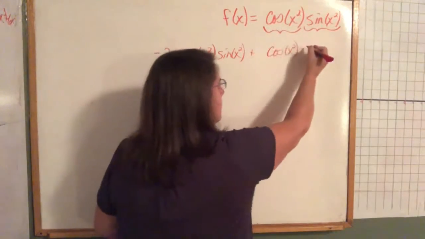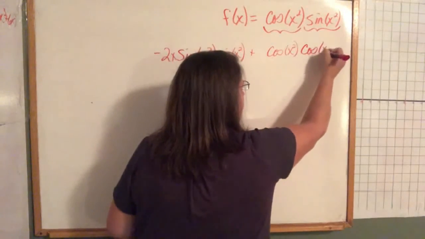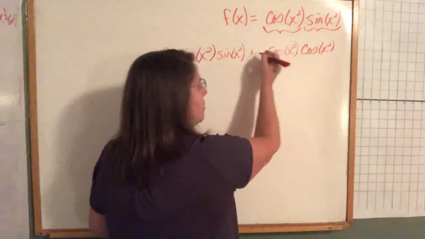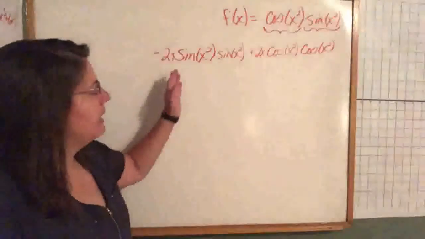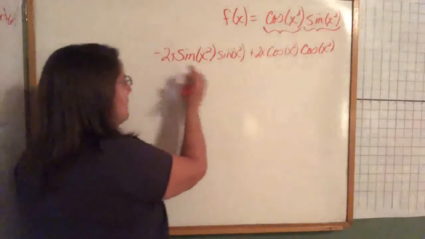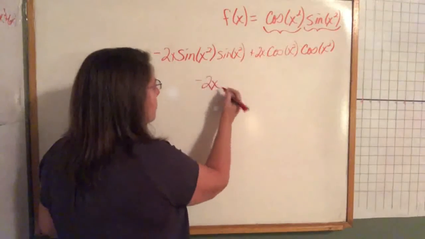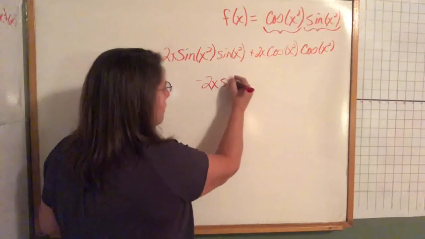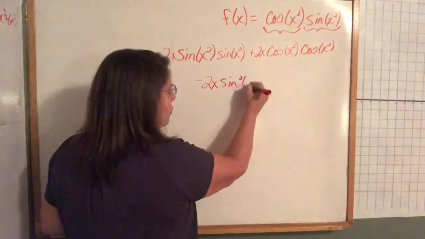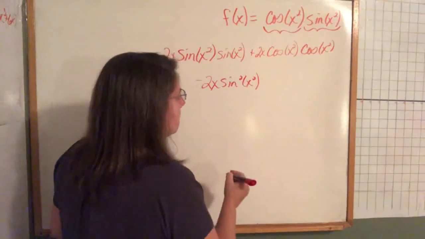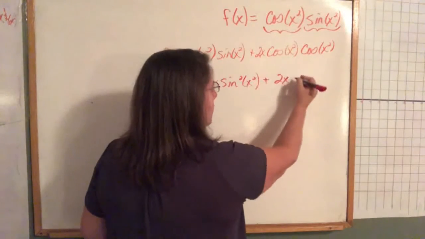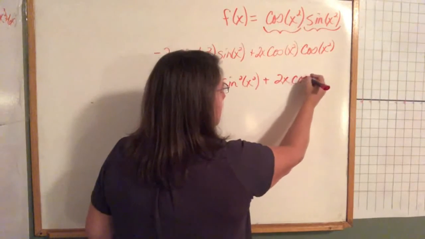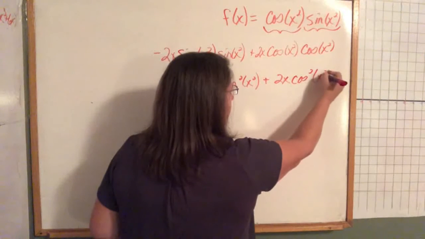Derivative of sine is cosine of x squared. The derivative of the angle part is 2x. Then I can combine some of this stuff. So I've got negative 2x sine squared x squared plus 2x cosine squared x squared.